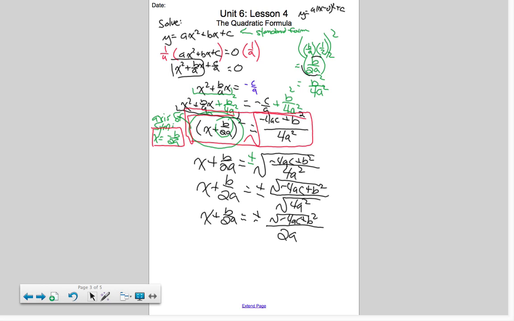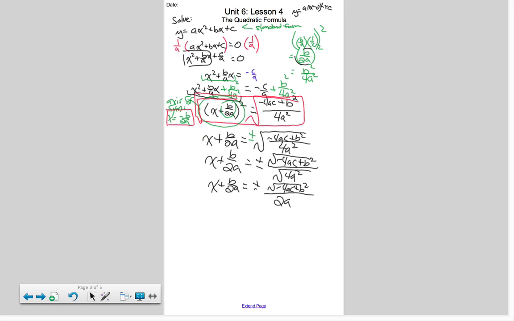It's the same thing with exponent laws, right? When we have 2/3 to the power of 3, it's the same thing as 2 to the power of 3 over 3 to the power of 3. We could break that up into numerator and denominator. So how do I isolate for x here now? Subtract b over 2a. Good.